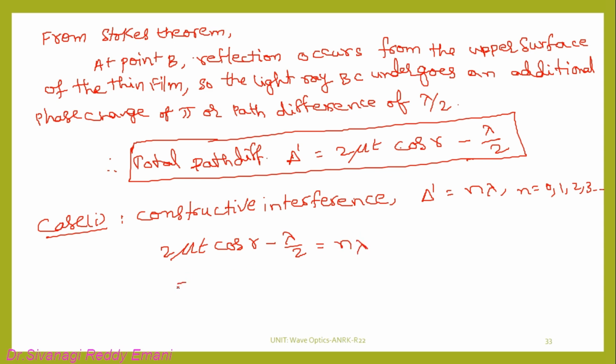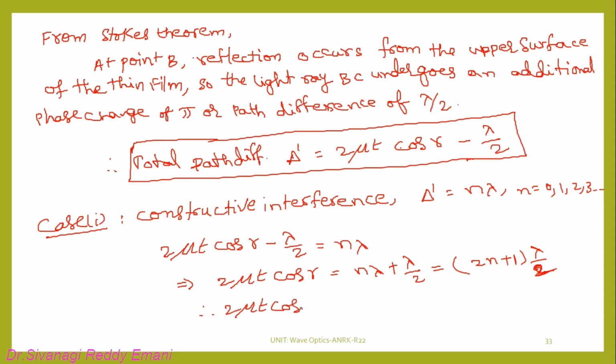So we get 2 mu t cos r equal to n lambda plus lambda by 2. Taking lambda by 2 as common, it becomes 2n plus 1 into lambda by 2. This is the condition for maxima.